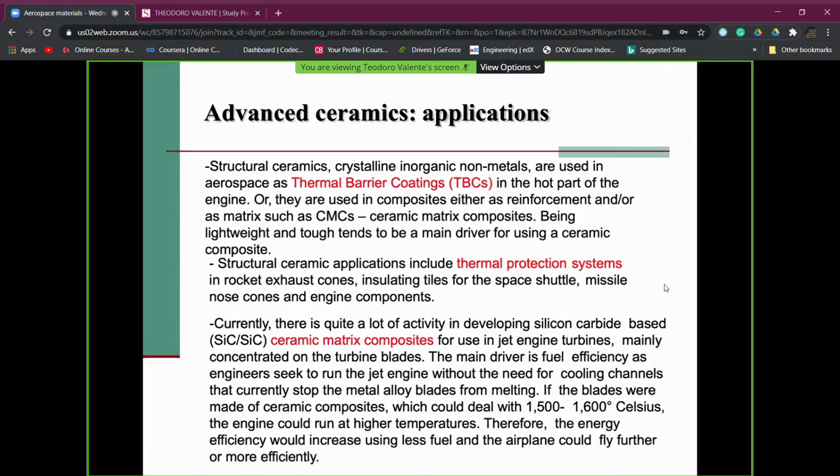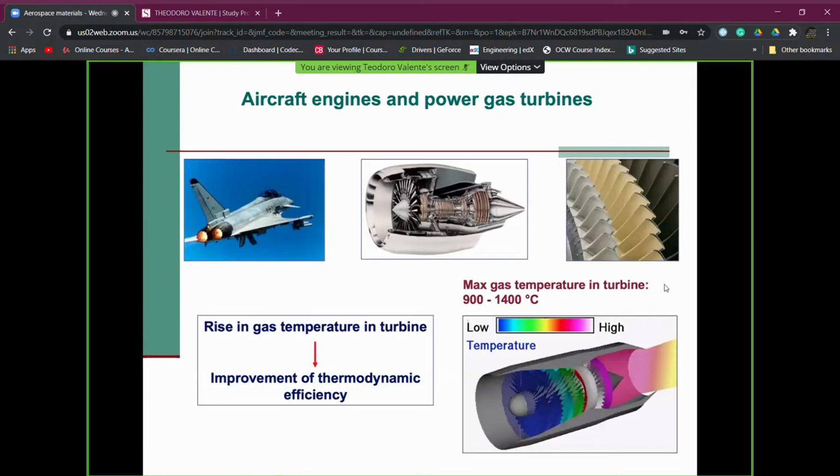And this means that we would increase the energy efficiency by using, for example, less fuel, or by having a higher payload. And this is the reason why there is interest in engines for this class of materials.